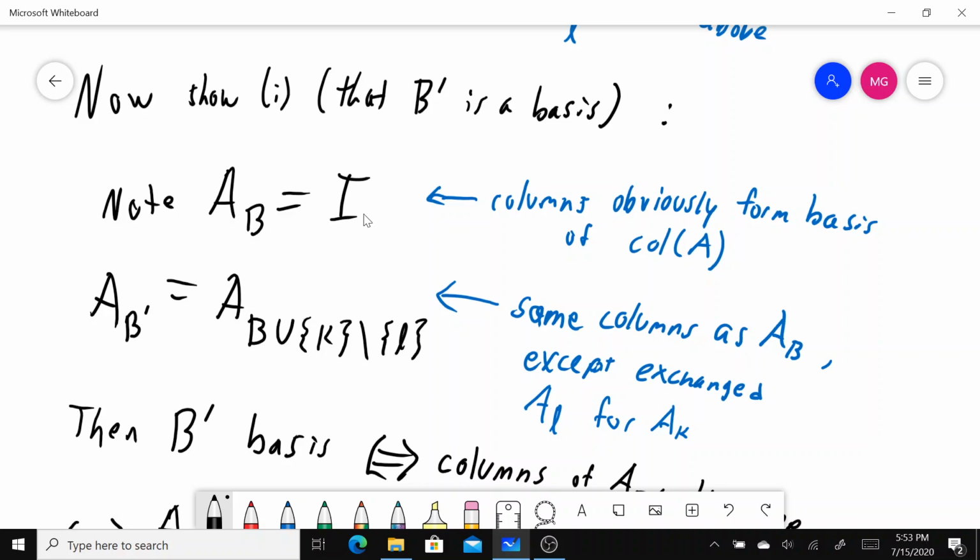So what we have is almost the columns of an identity matrix for B prime, but we've removed column index L. As it stands, when you take out the Lth column, that's not a basis for the column space of A anymore, because you need one more dimension; there are only m minus 1 dimensions now that you've taken out one of the m total. So you don't have a basis for the column space of A, which is Rm.